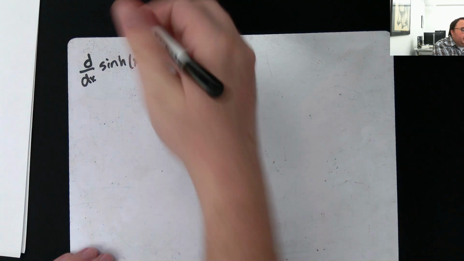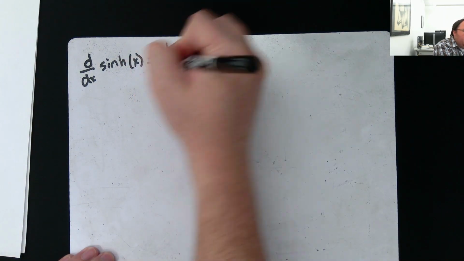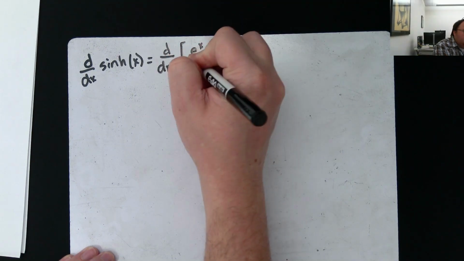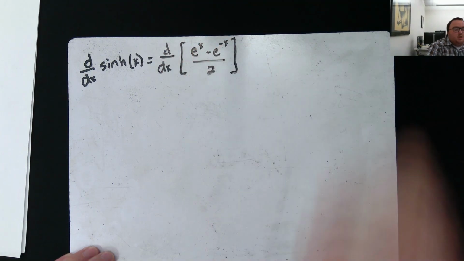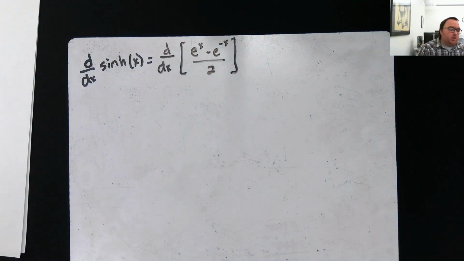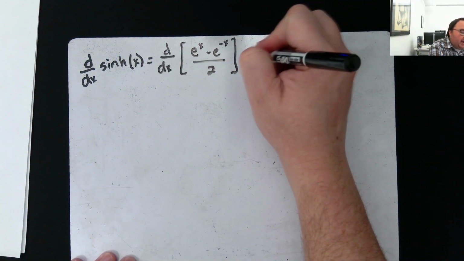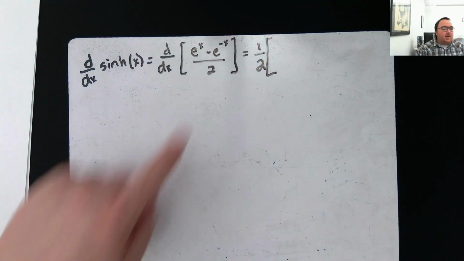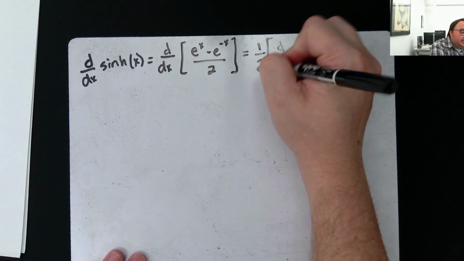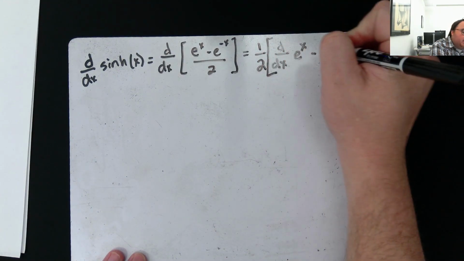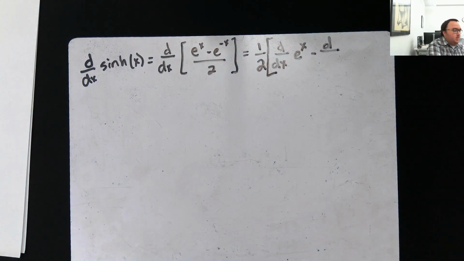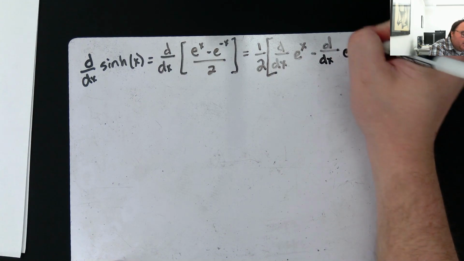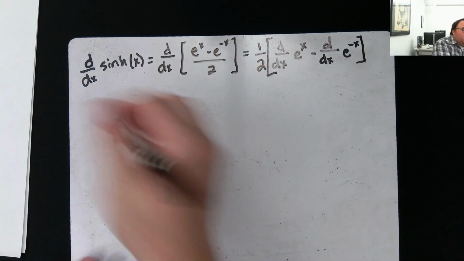Well, we just said hyperbolic sine is defined as e to the x minus e to the negative x over 2. Dividing by 2 is like pulling out a 1/2, so I'm going to bring a 1/2 out front. That's going to make it nicer. And then I can just take the derivative of each part of this and subtract them. So that's 1/2 out front.